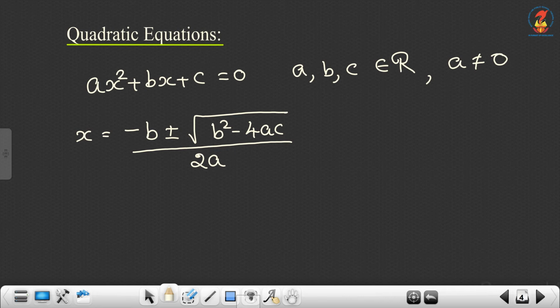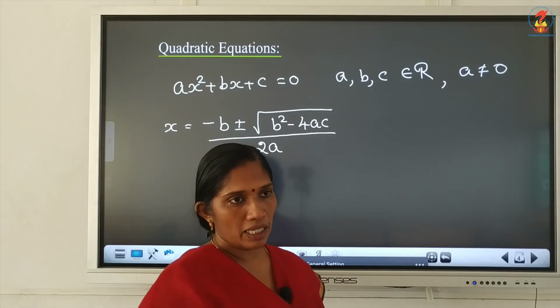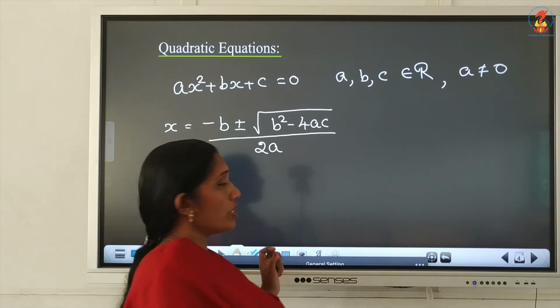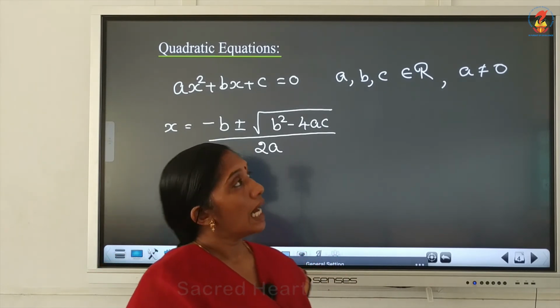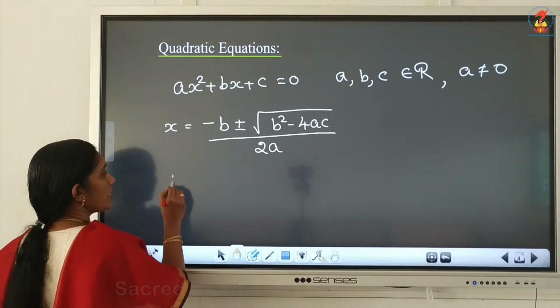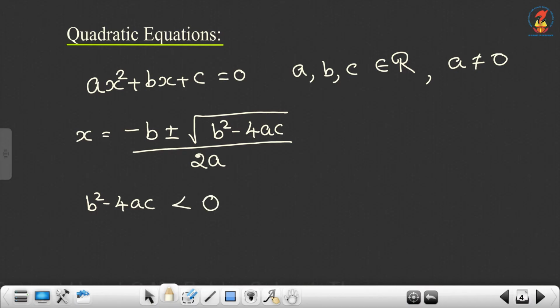If b square minus 4ac is greater than 0, you will get two distinct real roots. If b square minus 4ac is equal to 0, two equal real roots, and if b square minus 4ac is less than 0, what do we write? The roots are imaginary. Imaginary means you will get complex roots.